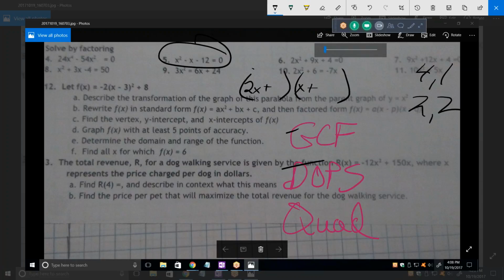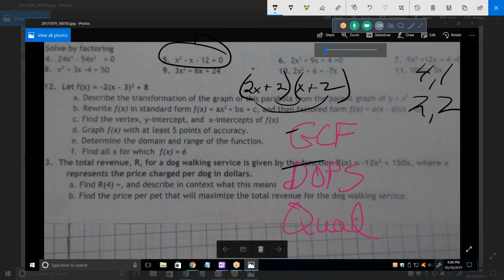As I tell everybody, start out with the two numbers that are closest together, 2 and 2. Do they produce a middle term of 9x? That is the question. Remember, the middle term comes from those two multiplied together plus those two multiplied together, added together.